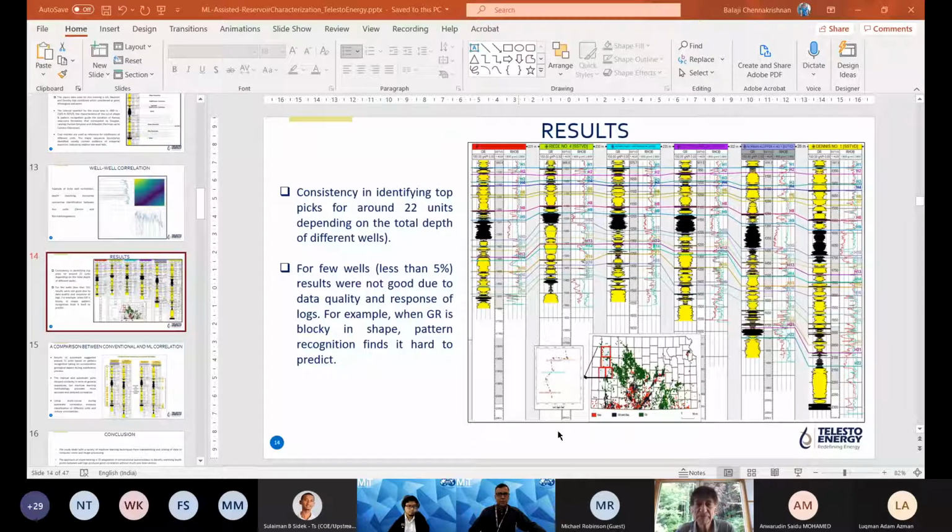In one of the case studies, we are working on a deep water setting, and we have already predefined well tops, and we use that as an input to train the model. And even that is not very effective. So we need to go for a reinforcement kind of learning.